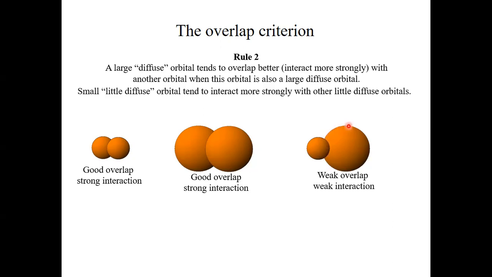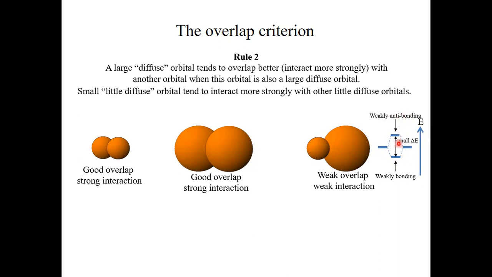In particular, when you look at the large orbital, you see that only a very small fraction of its volume can actually overlap with a small orbital, and that leads to weak interactions. So again, weak interaction leads to a weakly bonding and a weakly antibonding molecular orbital in the molecular orbital diagram.